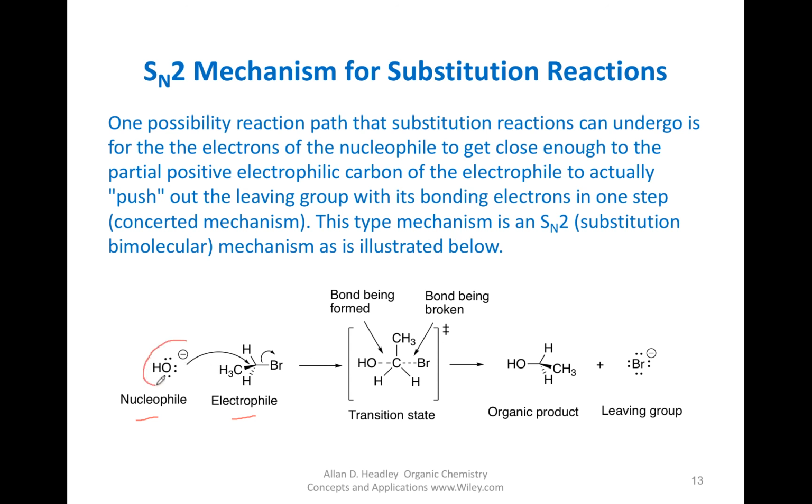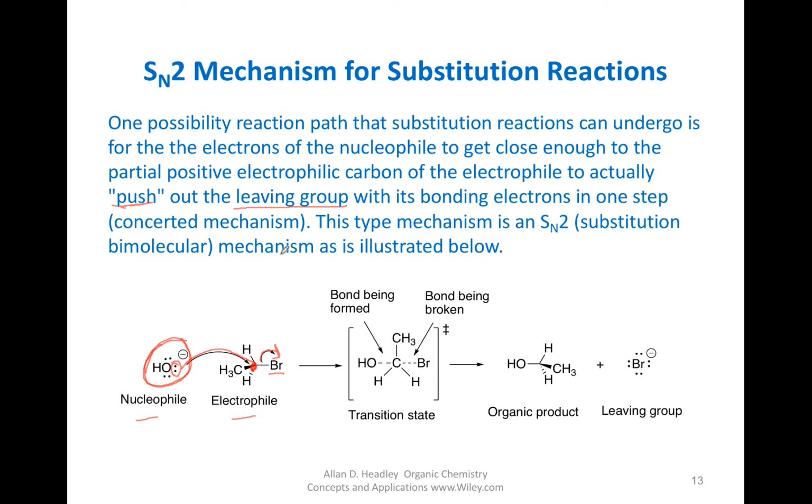The nucleophile, or the electrons of the nucleophile, must come in and literally get close to that electrophilic carbon, and literally push out the leaving group. So we define this as pushing out the leaving group. Key word here is this nucleophile must get close to this electrophilic carbon, and this leaves. This is the mechanism, one step in this case.